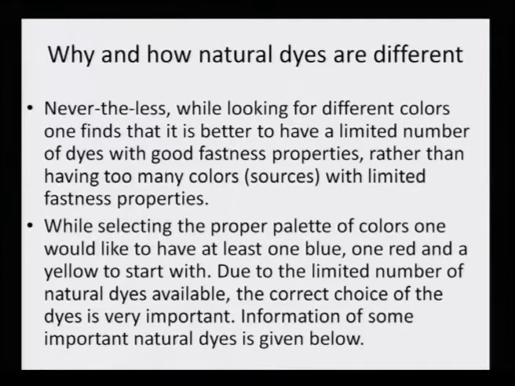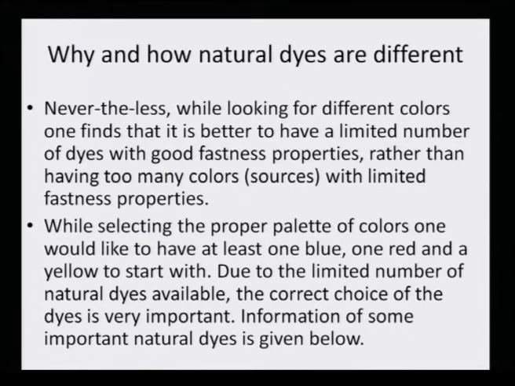If suppose I dye a cloth with turmeric, and turmeric is considered to be a fugitive dye. Fugitive means that it does not hold to the fabric or material very well. It is washed off in one go.